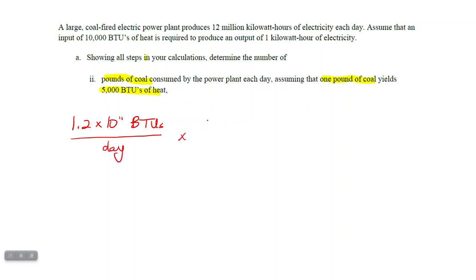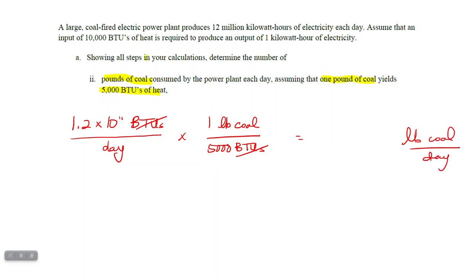And then we've got a conversion factor, 1 pound of coal. And I'm weird, I write my pounds in slightly cursive, so I don't get that L mixed up with my numbers. So 1 pound of coal is going to give us 5,000 BTUs of heat. My BTUs cancel out. I'm going to get an answer in pounds of coal per day, which is exactly what I'm being asked for.